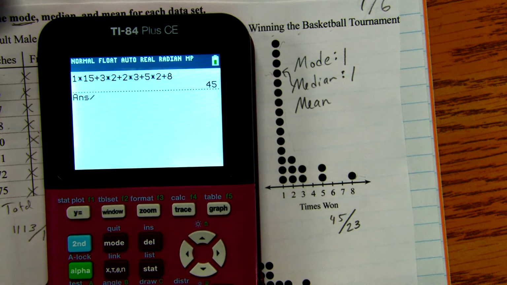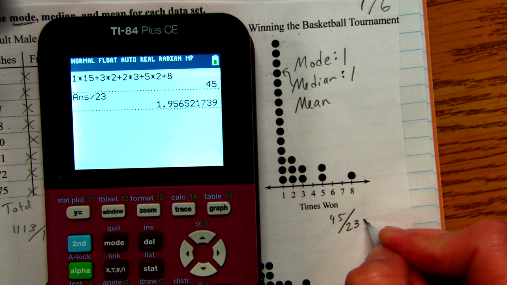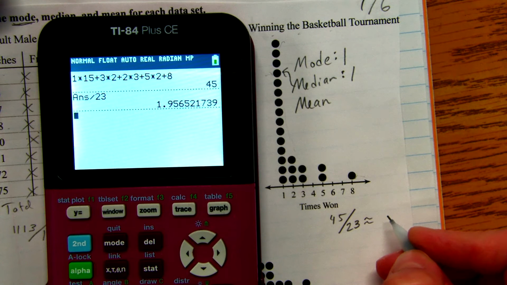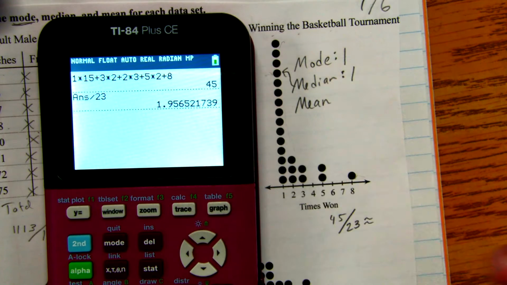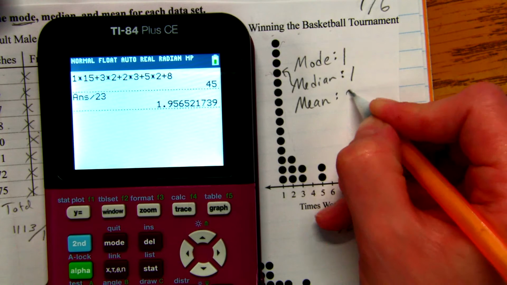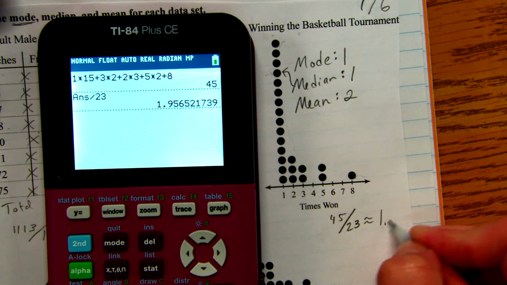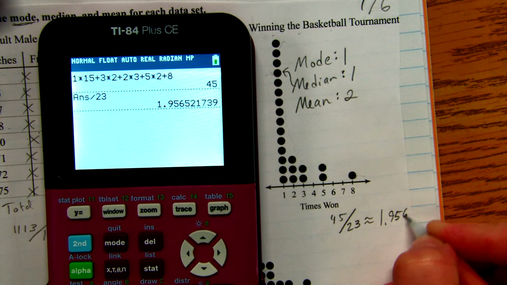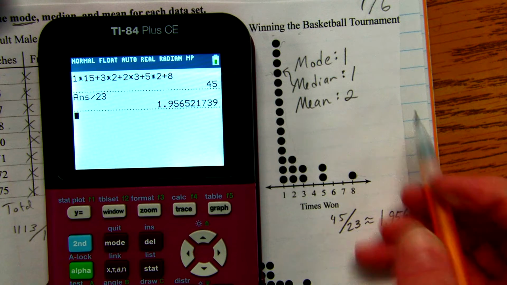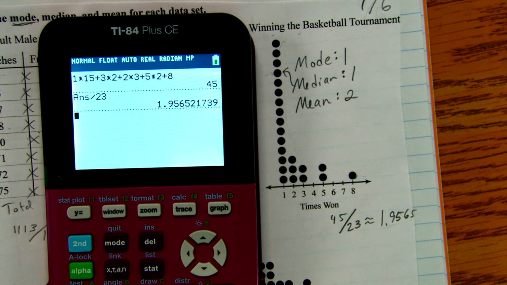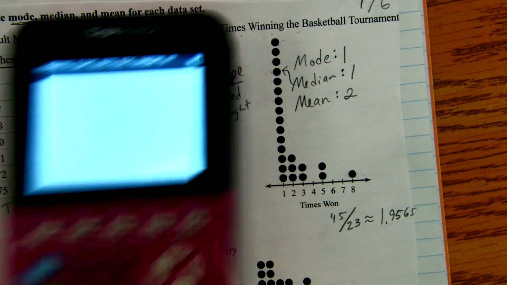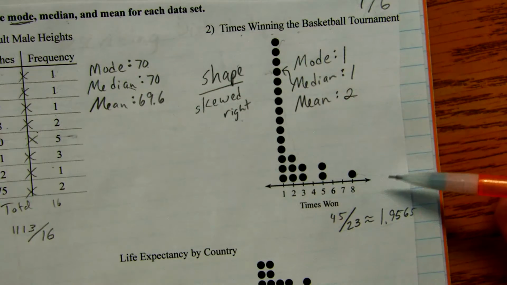So take that, divide by 23, and we get a mean of about 1.95. I think that would just round up to about 2, right? If we're thinking tenths, the mean would be about 2. I'm going to write 1.9565 down here just so I'll remember that I rounded that off. But we can find all of that from this nice little dot plot.